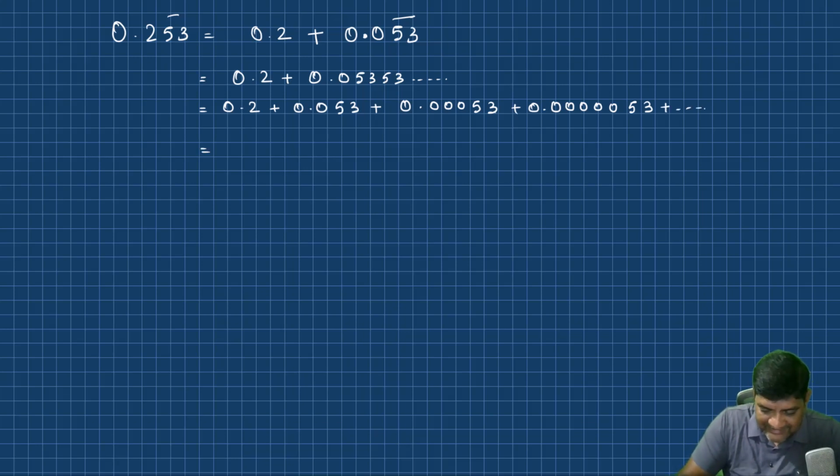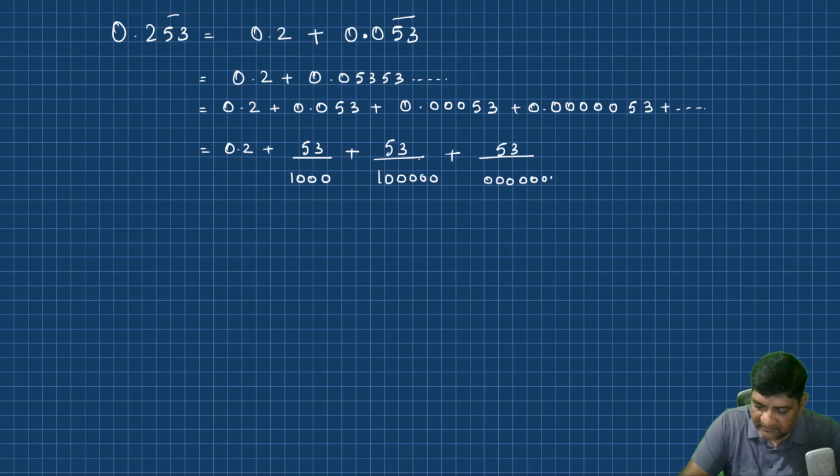So this I can further write as 0.2 plus 53 divided by 1, 2, 3 zeros, plus 53 divided by 1, 2, 3, 4, 5 zeros, plus 53 divided by this is going to have 1, 2, 3, 4, 5, 6, 7 zeros. Okay, and this is going to continue.